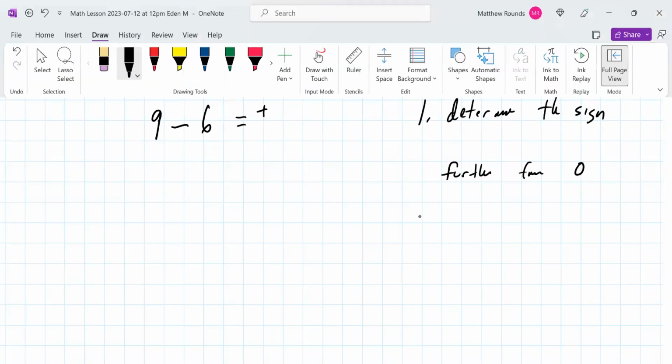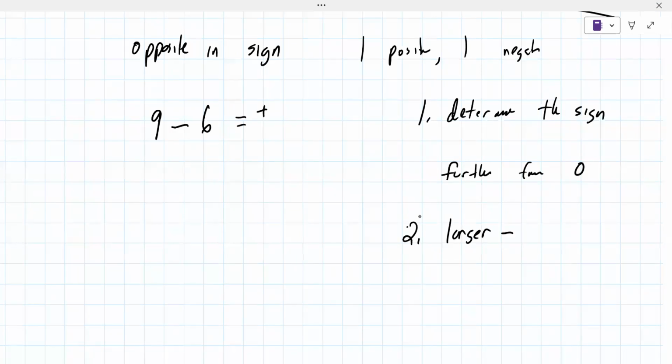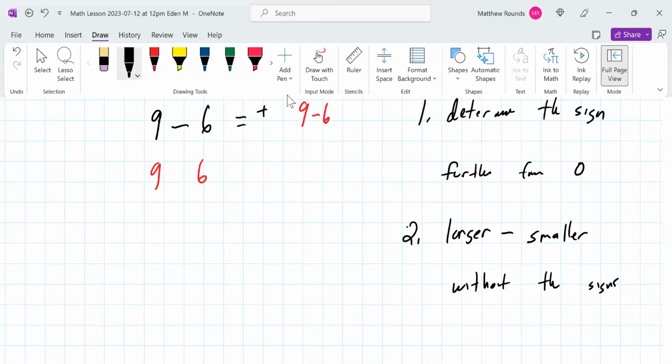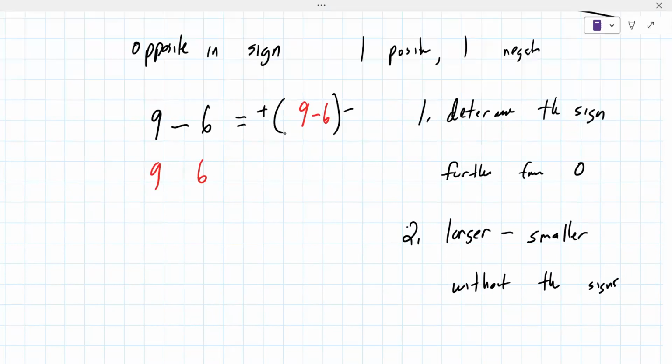Second thing you do here is you take the larger and subtract the smaller without the signs. So you treat this as 9 and 6, and you do 9 minus 6. 9 minus 6 is 3. Your answer is 3.